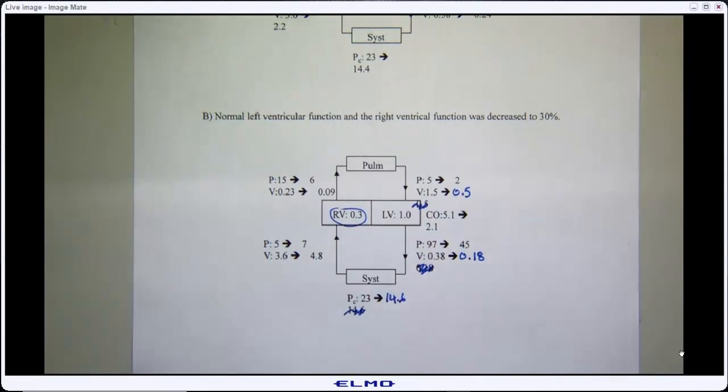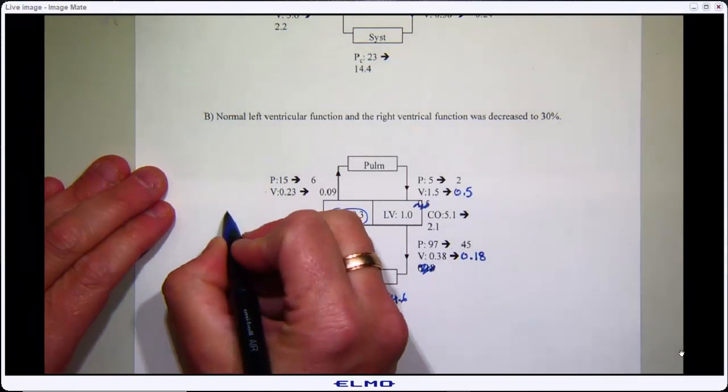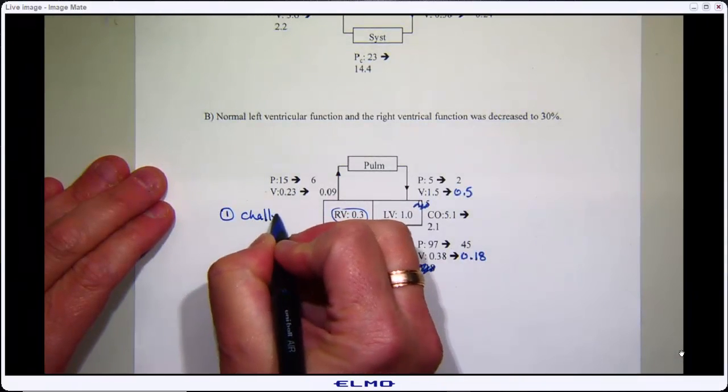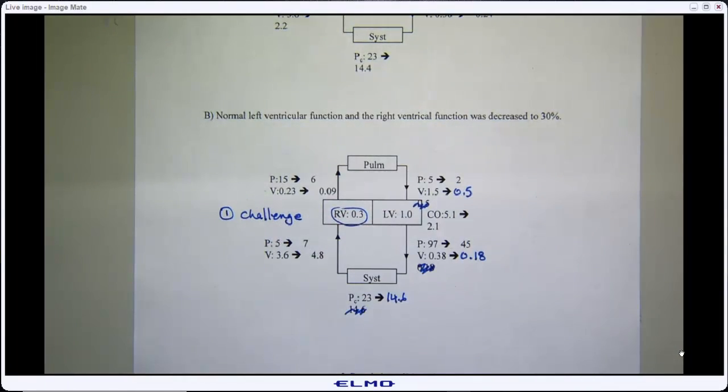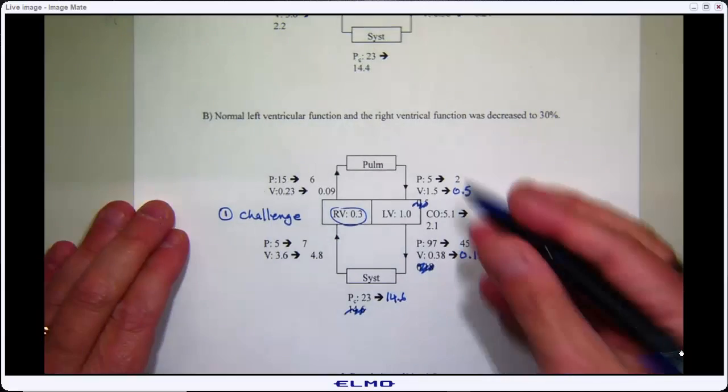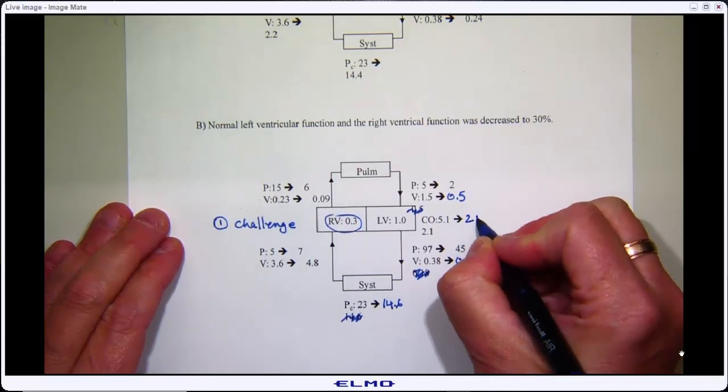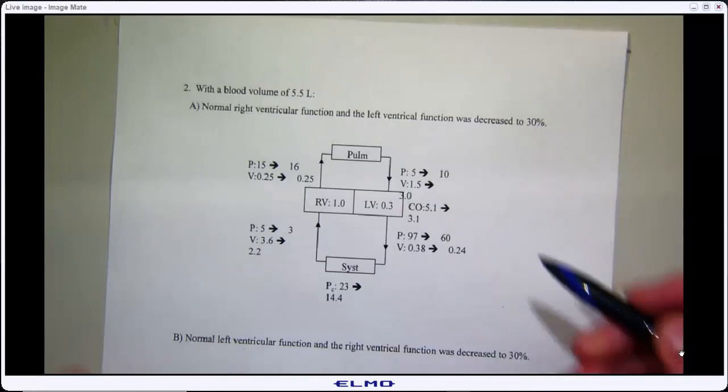So right here is our challenge, right? We rarely talk about cardiac output of the right heart, because cardiac output of the left heart is really where all the action is in terms of feeding the entire body.